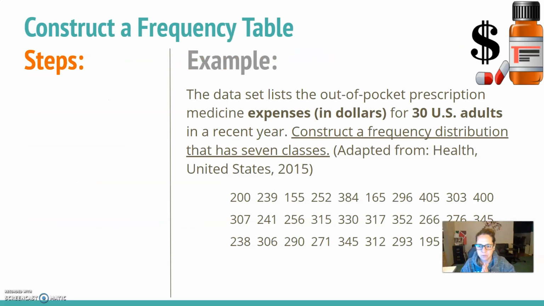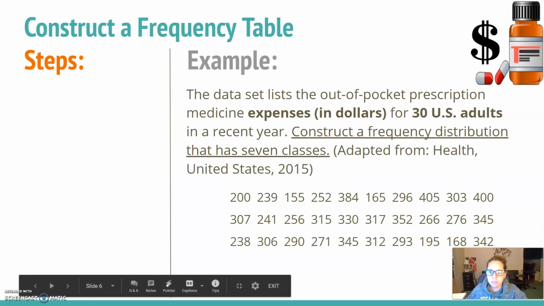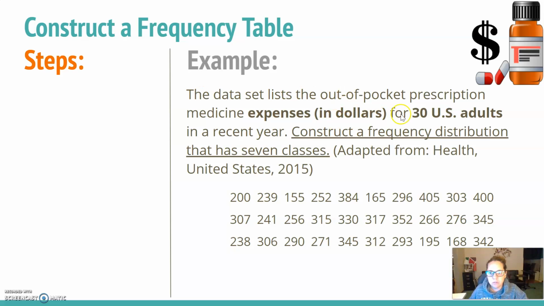So let's do an example, okay? So in this example, we're talking about 30 United States adults who were asked how much they spent above insurance, out of pocket, on prescription medicine in a recent year.